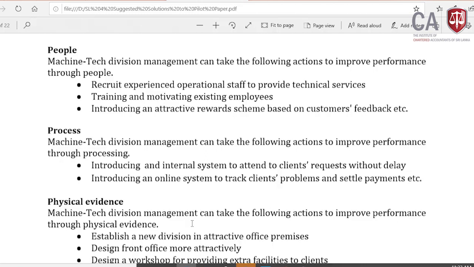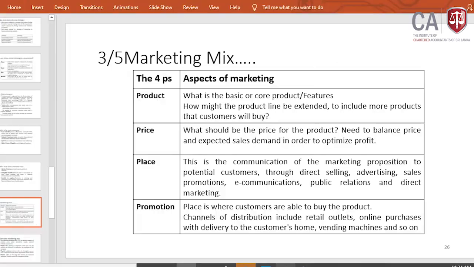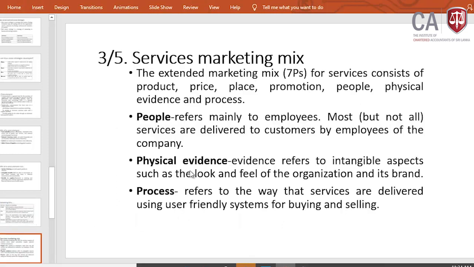The physical evidence. Machine tech division management can take the following actions to improve performance through physical evidence: establish the new division in attractive office premises, design the front office more attractively, design a workshop providing extra facilities to clients, and design a mobile repairing vehicle with full equipment. So cover the theory part in relation to physical evidence also.